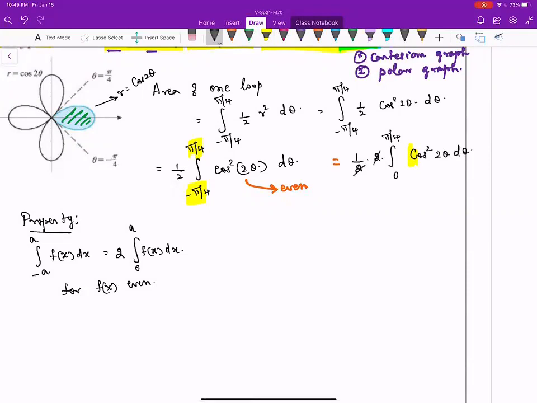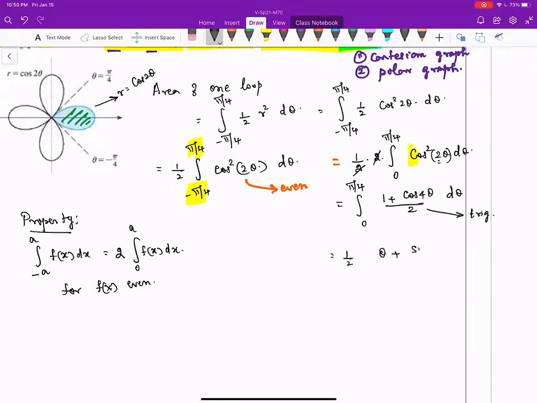Anytime you have an even power of cosine or sine to integrate, you're going to use the trig identity. So from 0 through pi by 4, using the double angle formula, twice double is 2 times double, which is 4. So it will be 1 plus cosine of 4 theta over 2 d theta. You can take the half out, then integrate.